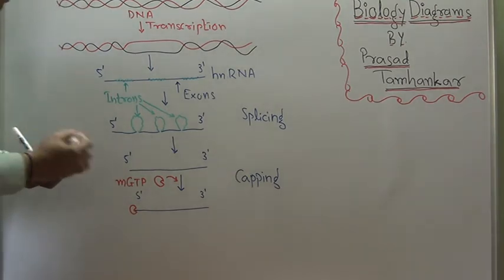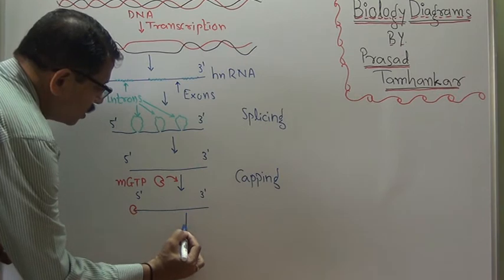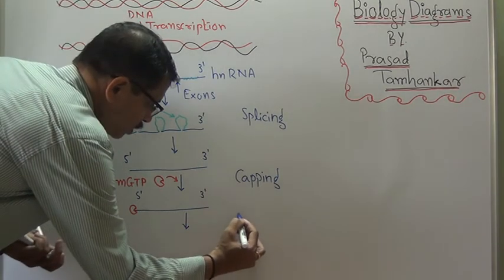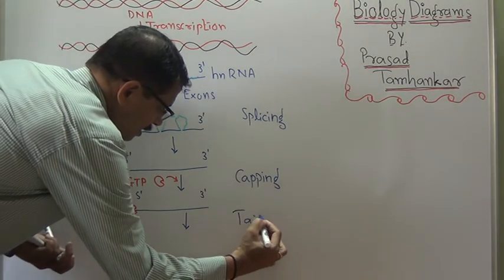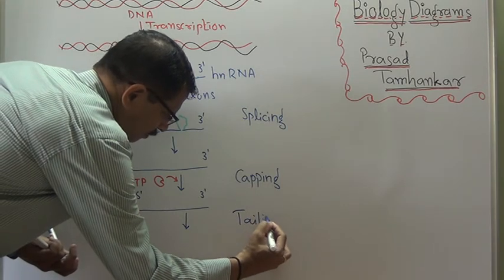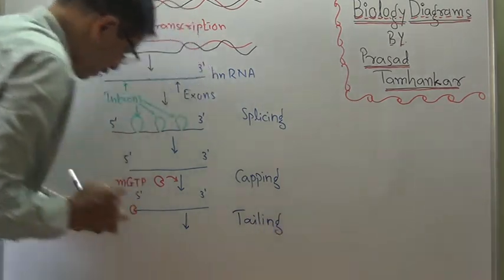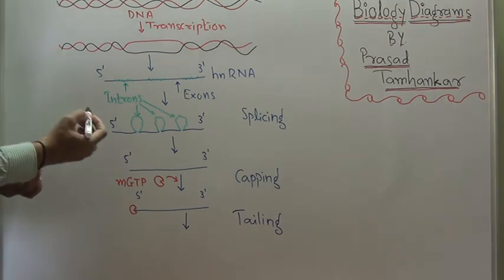Similarly, it will follow the third procedure. This third procedure is called tailing, where adenylate residue will be added.